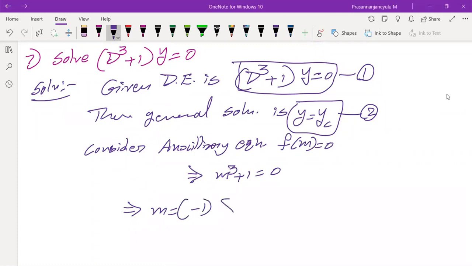Yes, minus 1 and 1 by 2 plus or minus i root 3 by 2.